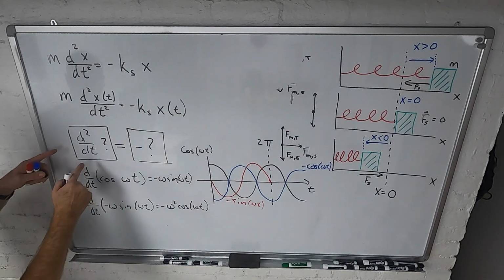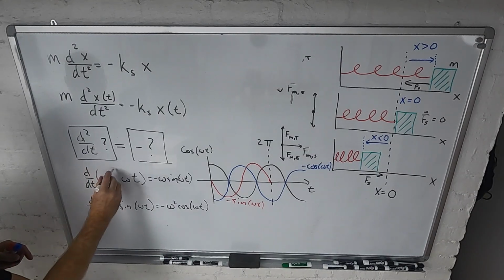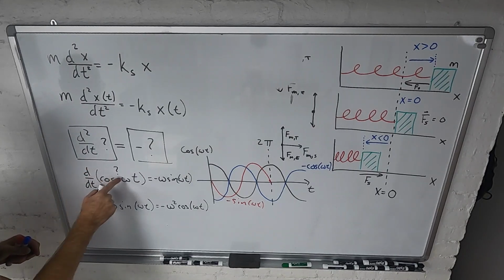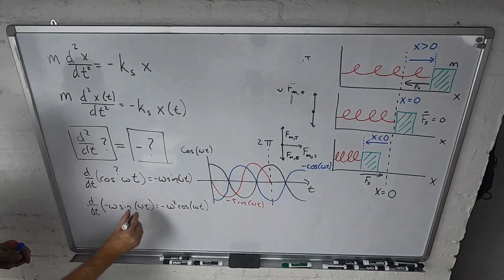Look at this. I started with a function, cosine omega t. Here's my question mark. Let's follow the question mark through. I take the first derivative of it, I get this. I stick this into another derivative.